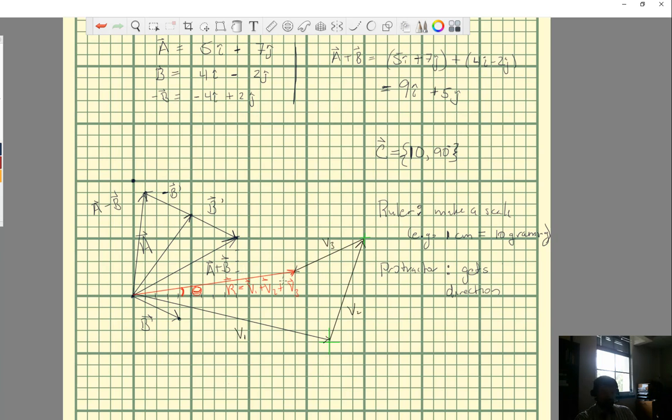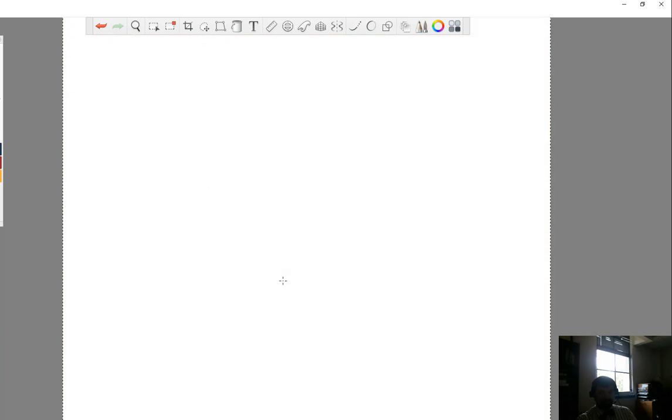There's a second method for adding vectors in general. This is more of the algebraic method. And the way that it works is that you basically start with your vector in polar form again.